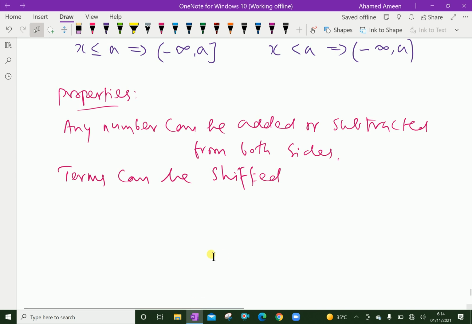Then third one, if you multiply both sides of an inequality by a non-zero positive number, then the sign of inequality does not change.